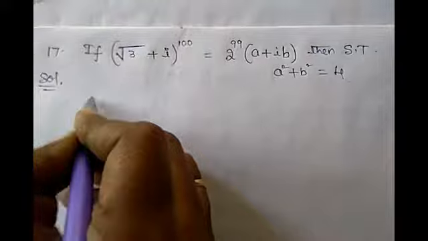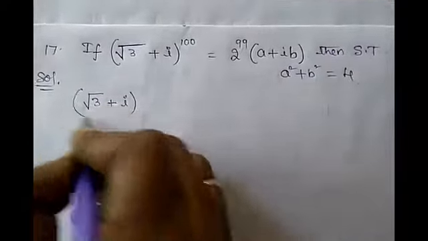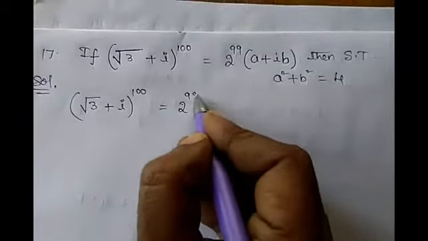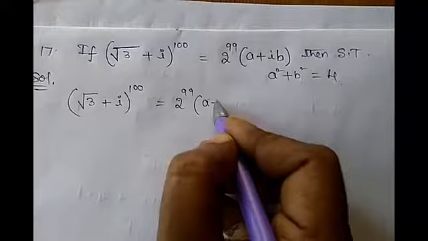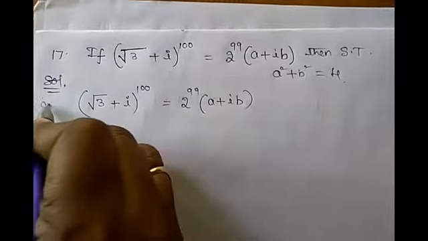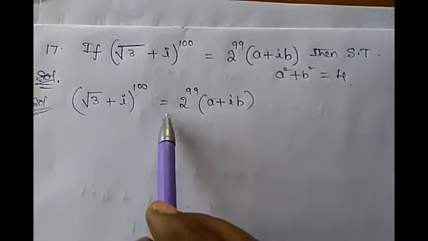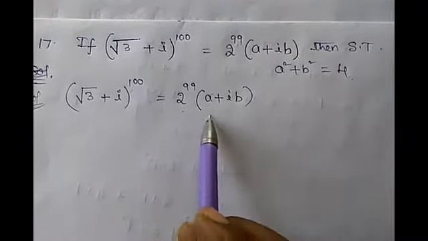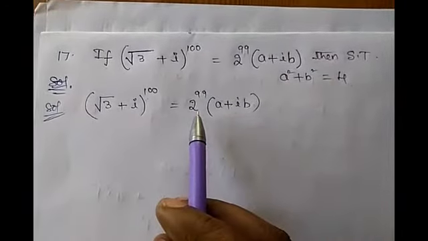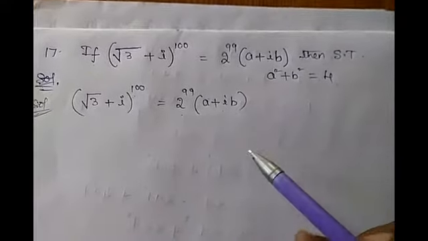Write the given information first. Root 3 plus i whole power 100 equal to 2 power 99 into a plus ib. Given this condition, now what we have to show? A square plus b square is equal to 4.